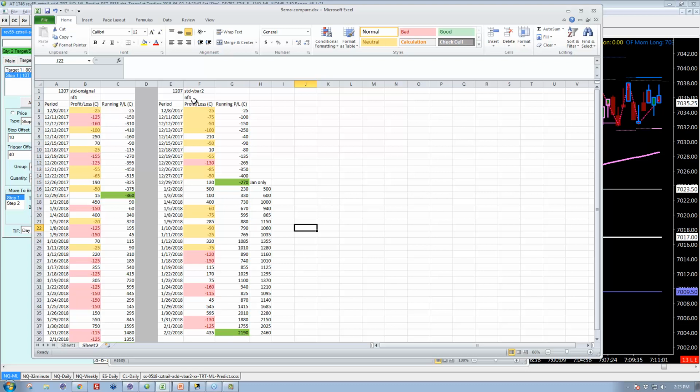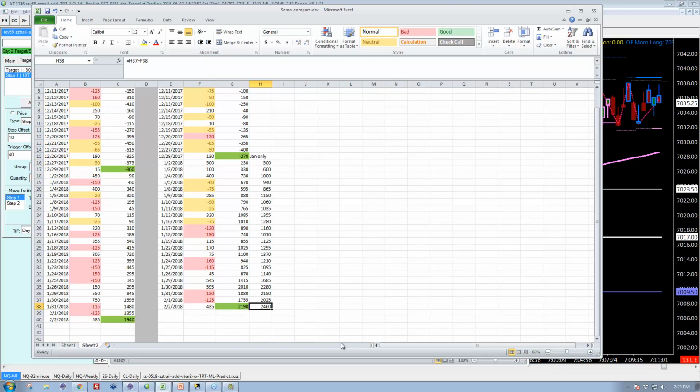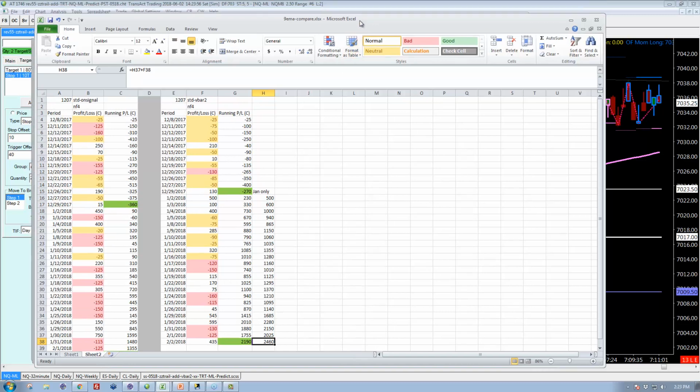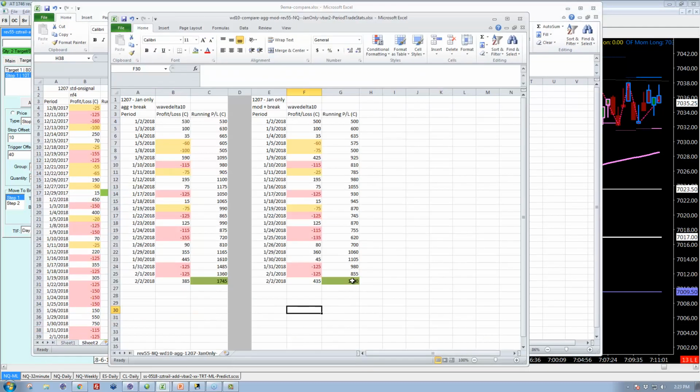Moderate plus break. All right, and here's January only. This is why this is listed here. All right, that makes 2460 in January using just noise filter 4. So this method, quite a bit less.